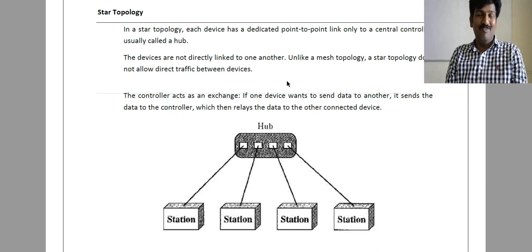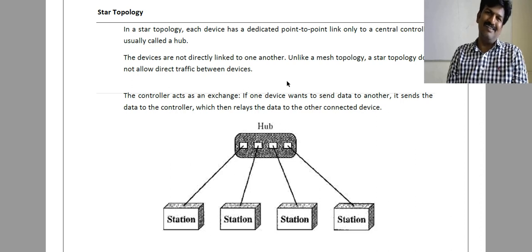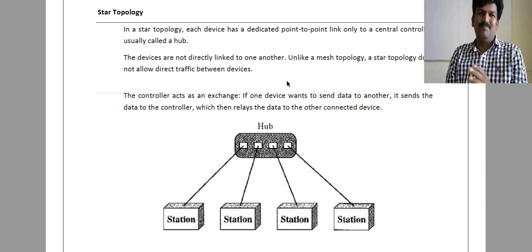So the only way is to communicate through the central hub. Computer 1 needs to send the data to the central hub. The central hub will take the data and release it to the intended recipient. That means for every transmission and reception, the central hub is involved.